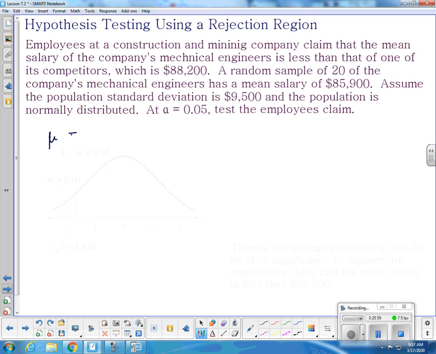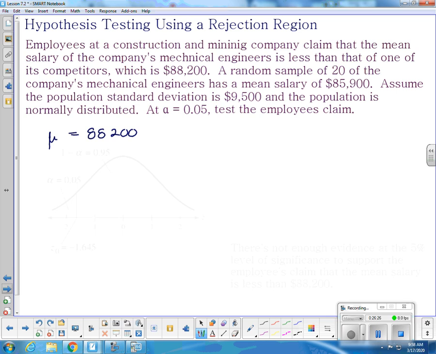So the claim is that the salary of the mechanics is less than that of the competitors. A sample of 20 of the company's mechanical engineers has a mean salary of $85,900. Assume the population standard deviation is 9,500 and the population is normally distributed. A significance level of 5%, test the employee's claim.